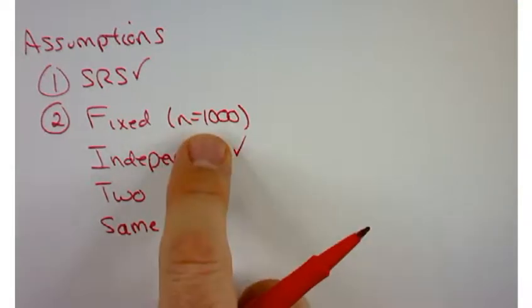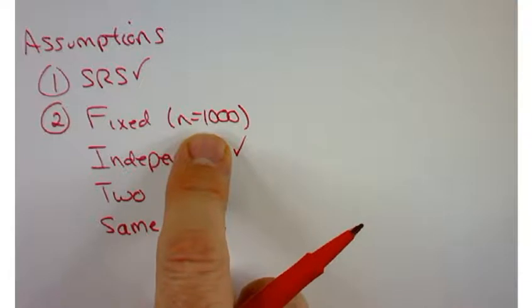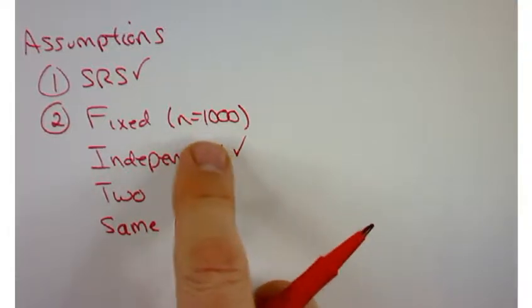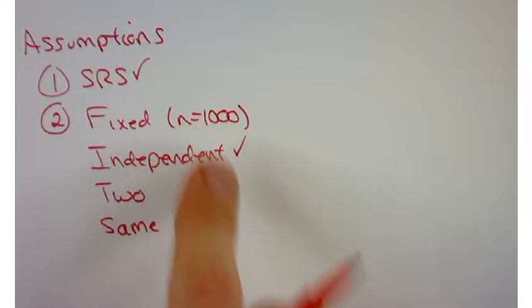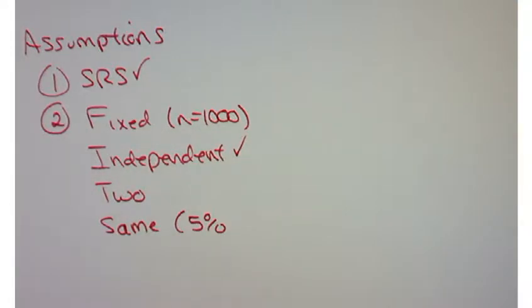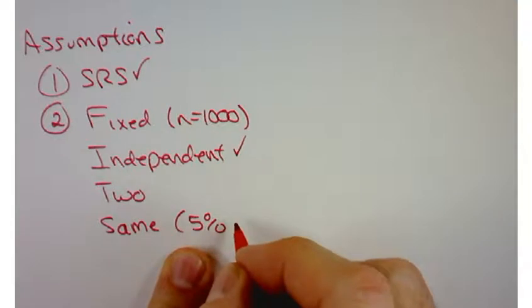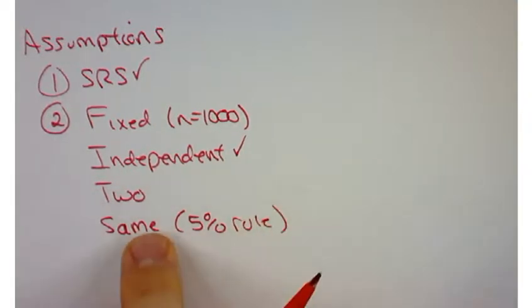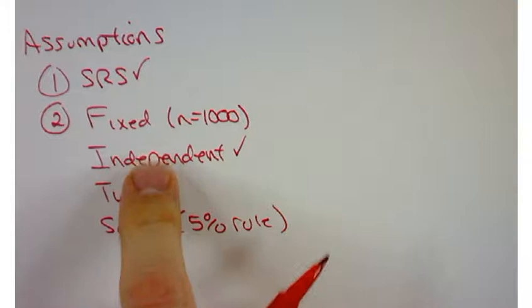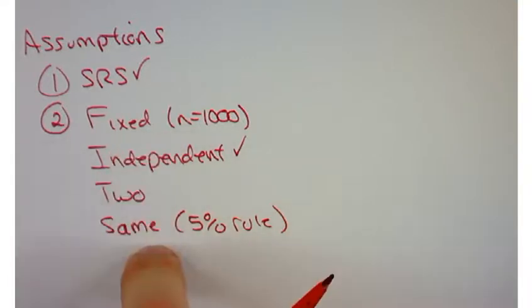If you multiply this by 20, it's 20,000. So 1,000 would be 5% of a sample size 20,000. Most populations that I could think of that I would want to apply this to are going to be bigger than 20,000. Number of drivers in southeastern Michigan, in the Midwest, United States. So by the 5% rule, even though we don't really have independent events, we really get both of these two. So we're good on those two assumptions.